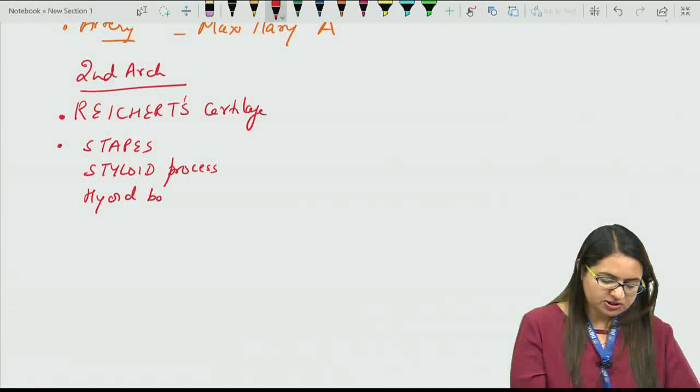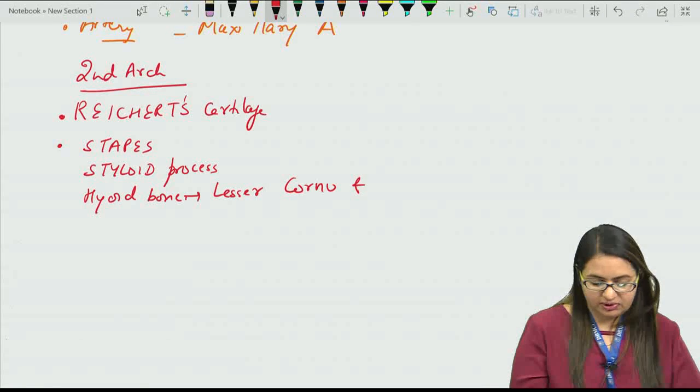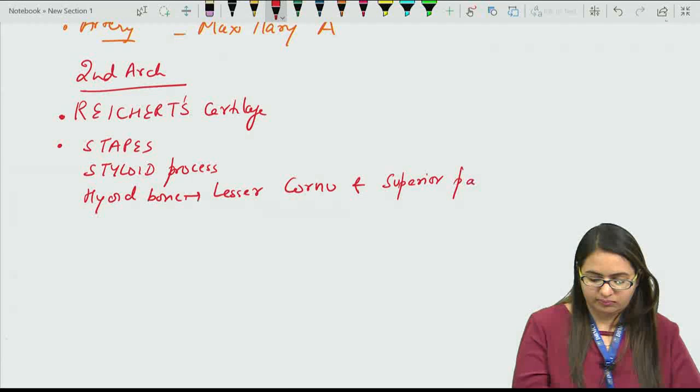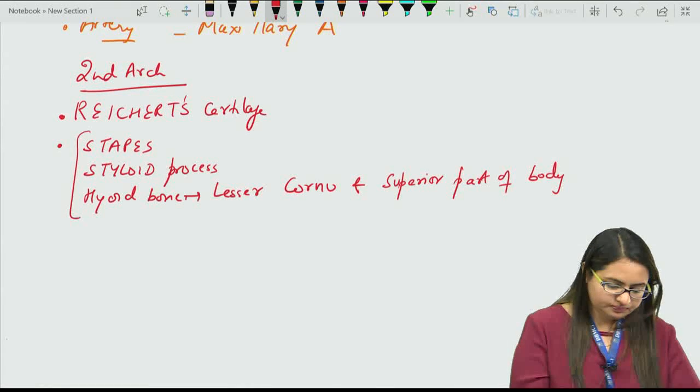In the hyoid bone, it is specifically forming the lesser cornu and the superior portion of body of hyoid. The superior part of the body. So these bones are formed.